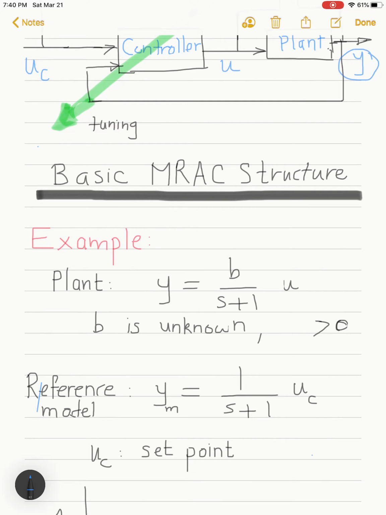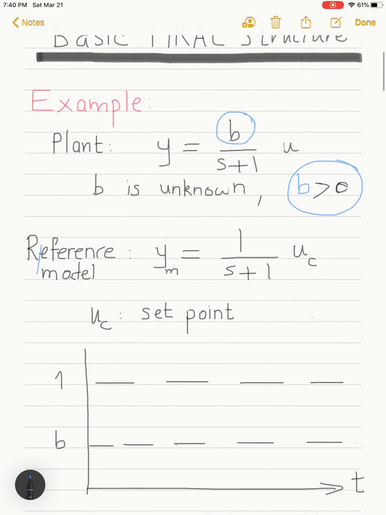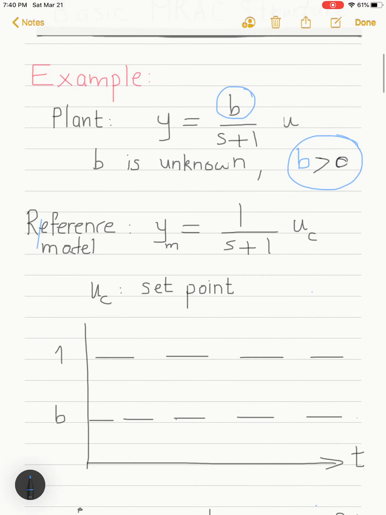We will consider a system with unknown gain B, and we will assume that the gain is positive. We assume that we have a reference model. The pole of the model matches the pole of the actual system, and the set point, of course, here is the input to the reference model.